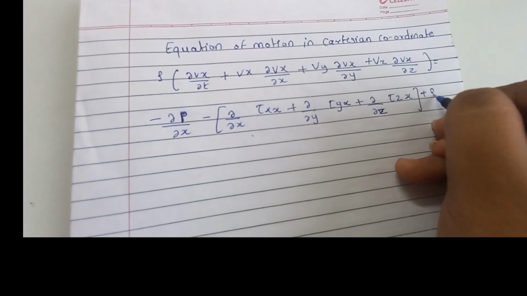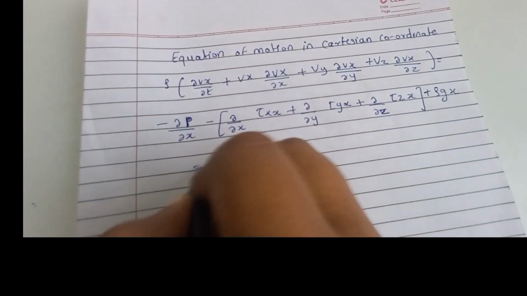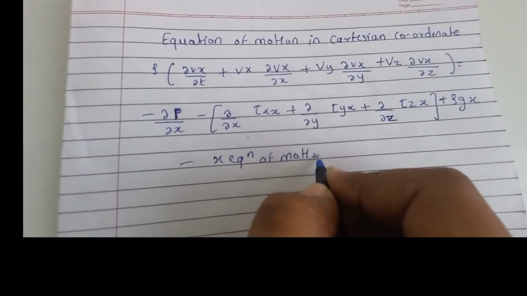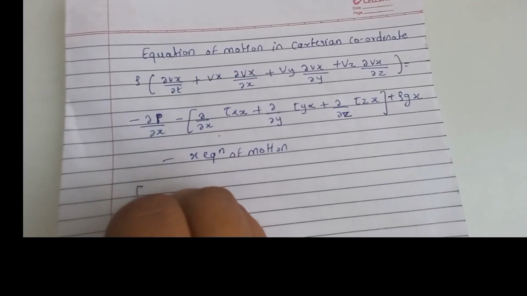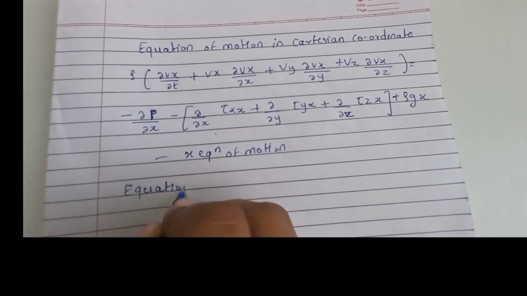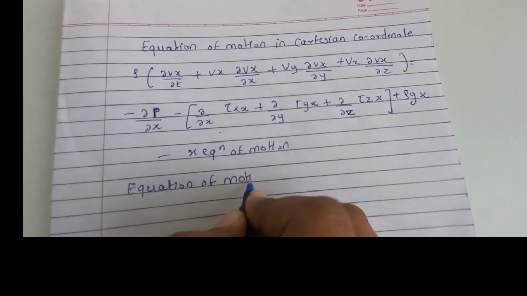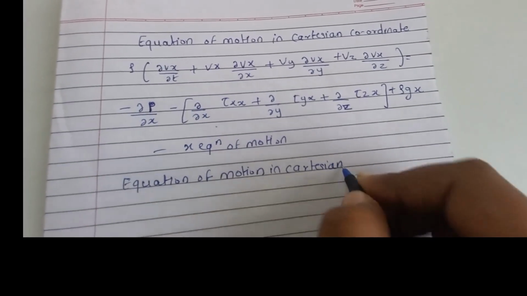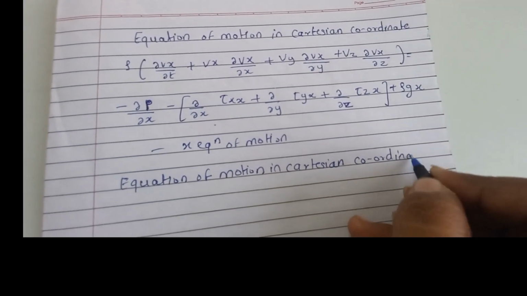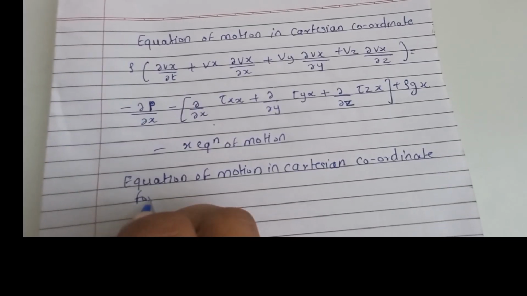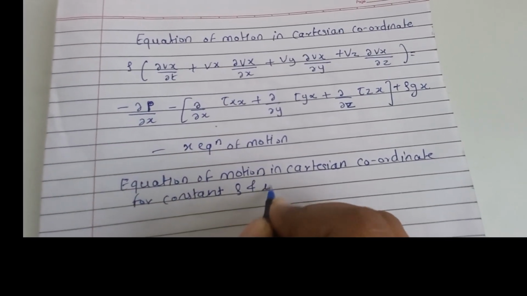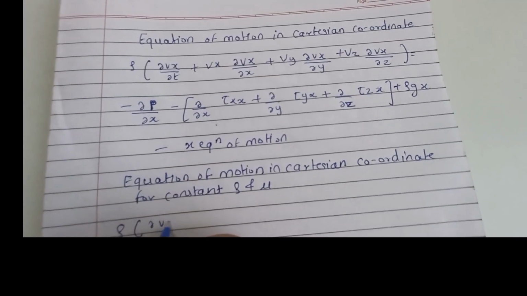Now further we can apply Newton's law of viscosity. We apply Newton's law of viscosity to the equation of motion in Cartesian coordinates, for constant density and viscosity. Here we are assuming the fluids have constant density and viscosity and are flowing.